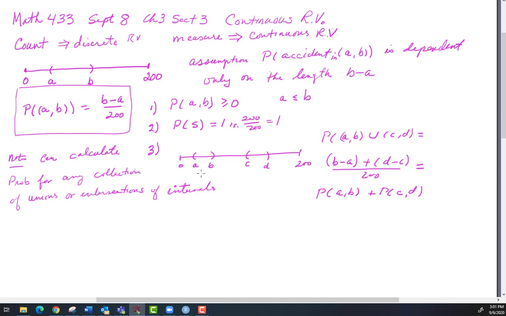If the intervals overlap, then axiom or postulate 3 doesn't help us.